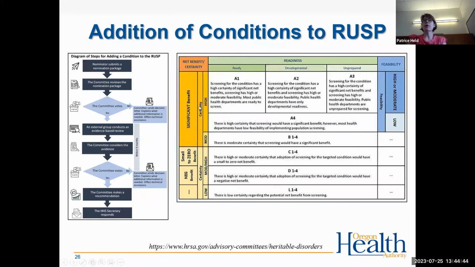That voting process looks at whether or not there's a significant benefit to screening, whether or not states are ready to screen, and whether it's feasible to screen. I put this website here if you'd like to know more about the actual process for adding a condition to the RUSP.